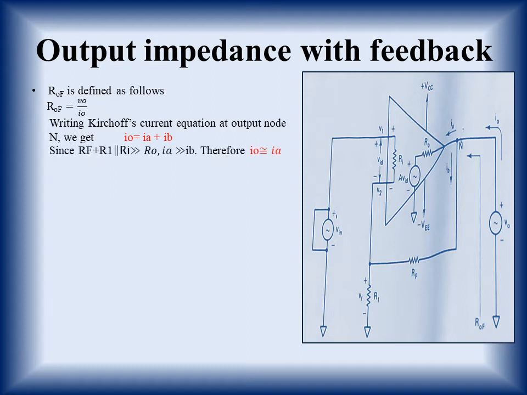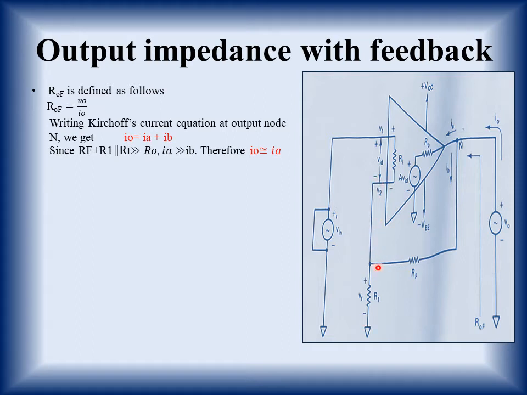Now we have to find which current is greater, IA or IB, because I naught is splitting into two currents, IA and IB. Now see here, where does IB current flow? IB current flows through this RF resistor and this R1 resistor.